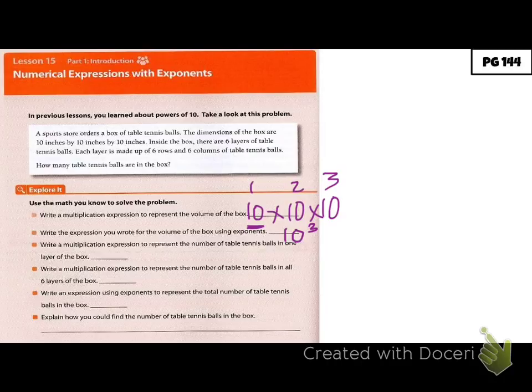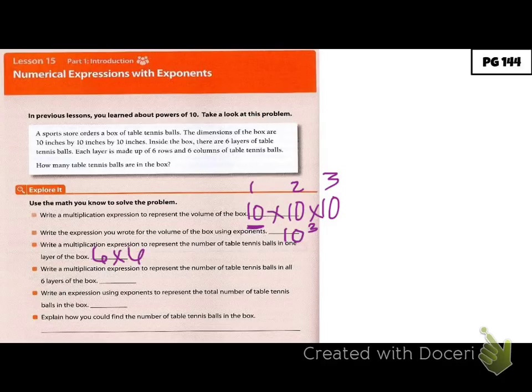Write a multiplication expression to represent the number of table tennis balls in one layer of the box. Well, it says that there are 6 layers of table tennis balls, and there are 6 rows and 6 columns. So for one layer, you would have 6 rows and 6 columns, so it would be 6 times 6.